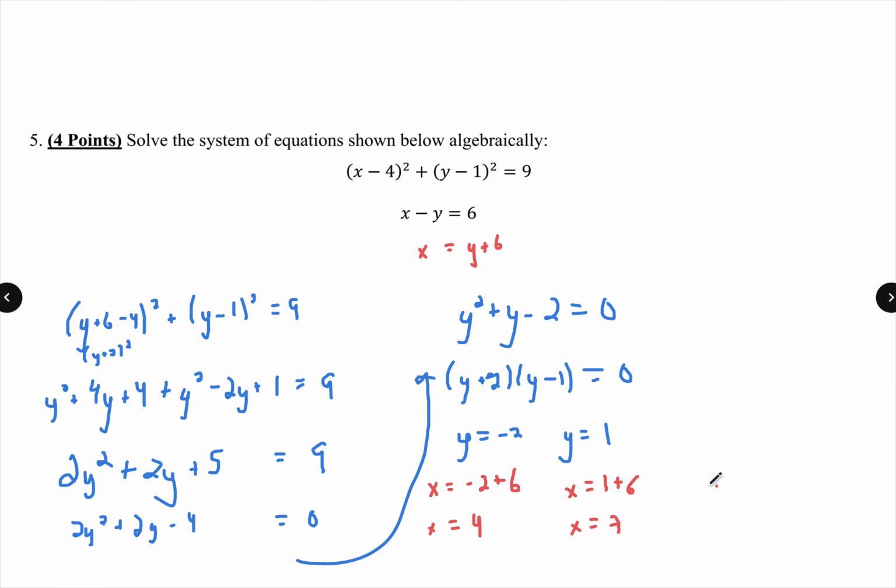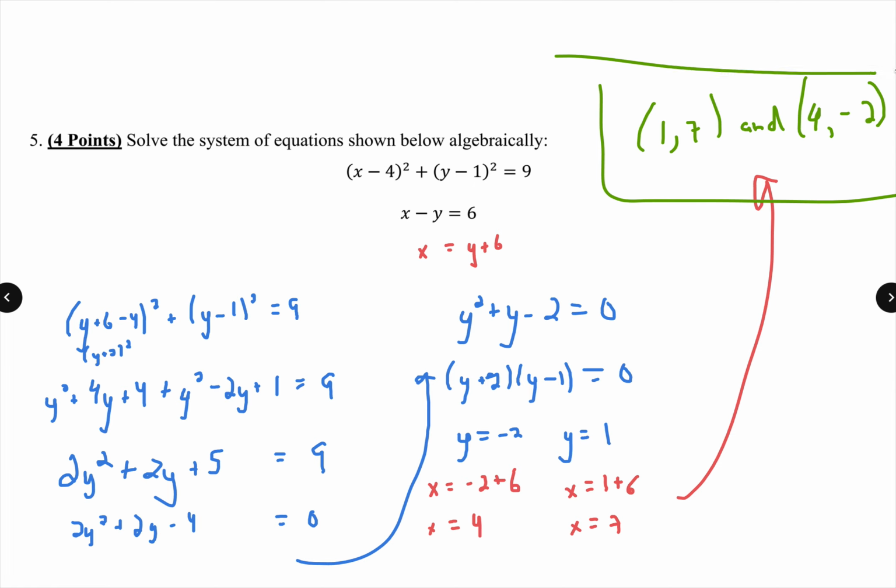Still not done, right? Because I have to have 2 answers. So make sure you have your answer choices as what? My first one, I'm just going to keep it at 1, 7. And my second answer would be 4, negative 2. I'm good to go.